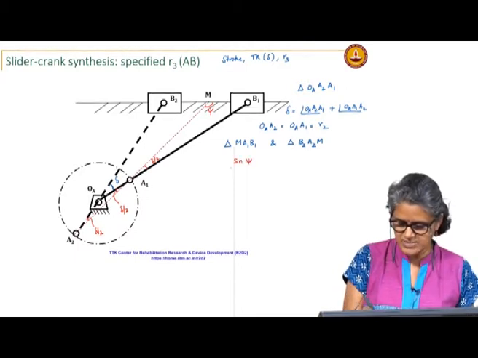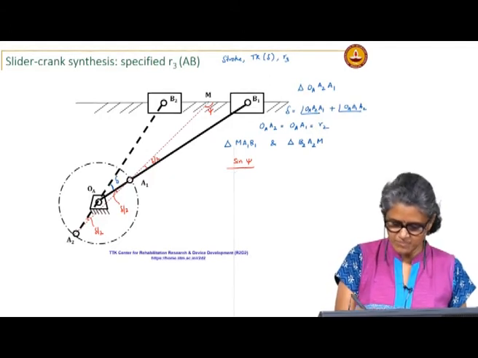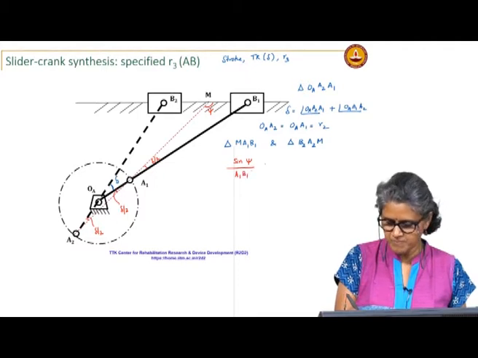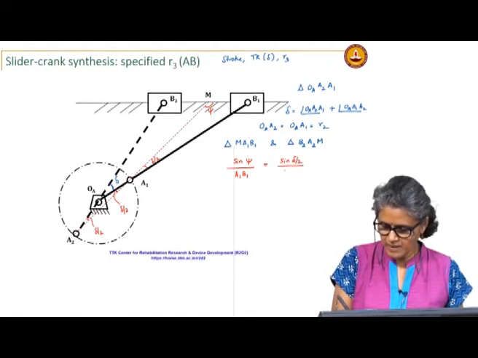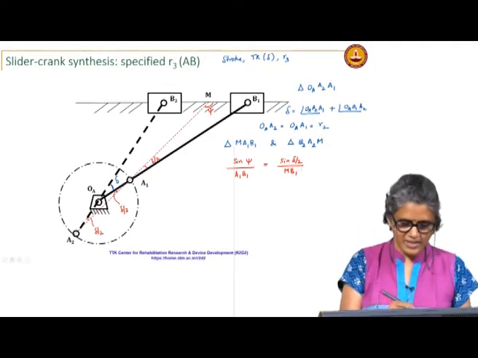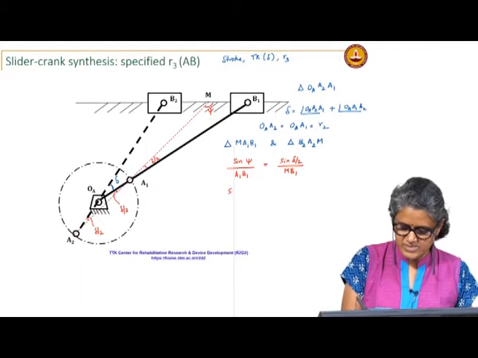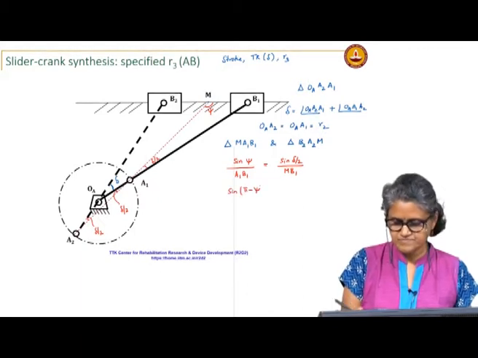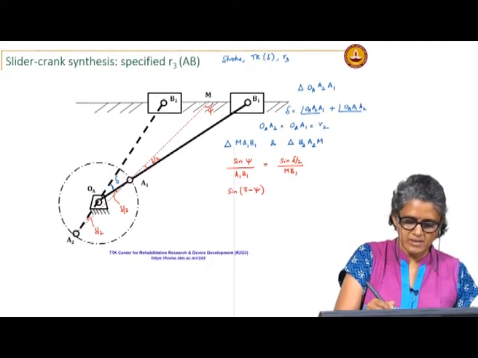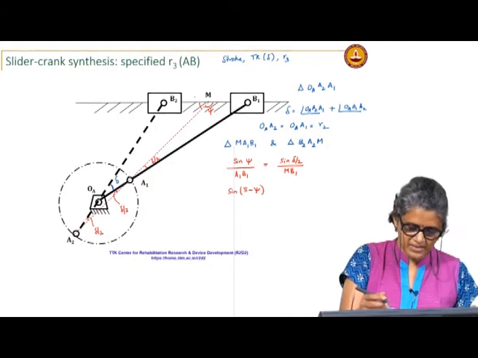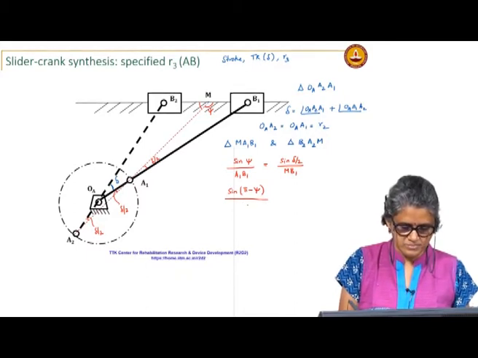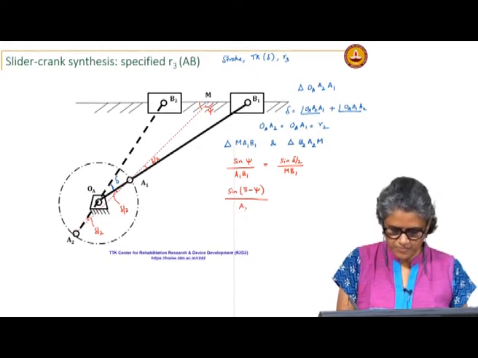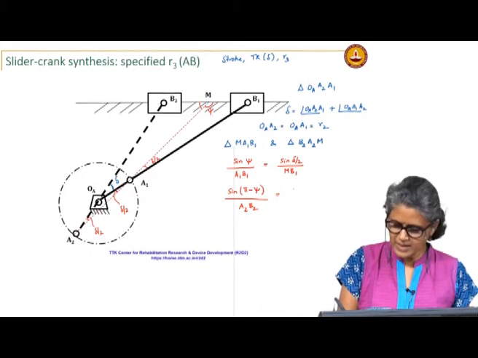Okay. So, if I look at these two triangles, I can write by the sine rule, sin psi by A1B1 equal to sine of delta by 2 by MB1, and then from the other triangle I can write sine of pi minus psi, this angle is 180 minus psi or pi minus psi, divided by A2B2 equal to again sine of delta by 2 by MB2.